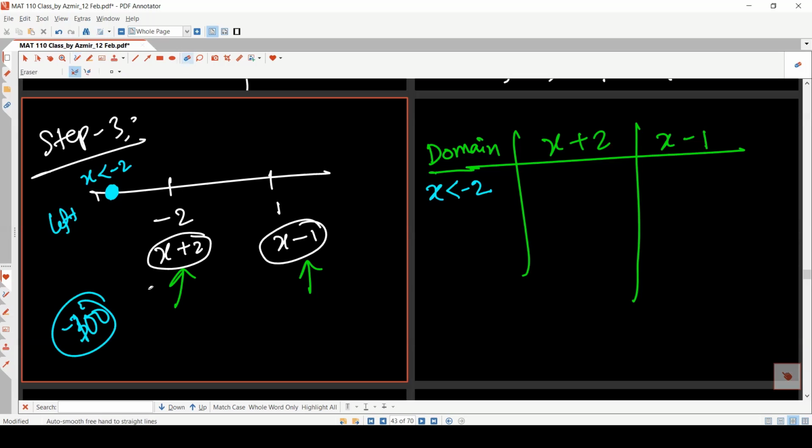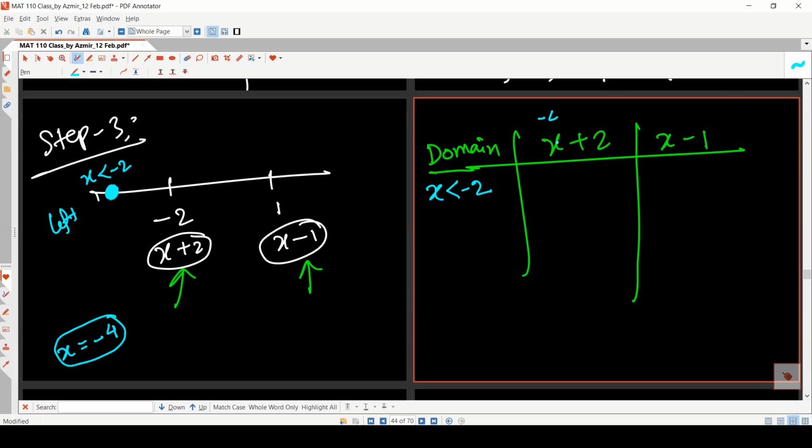So we can take any value that is less than minus 2. Let us choose minus 4. If we input minus 4 here, the total result will be minus 2. What is the sign of this result? Minus. So that's why minus is coming.